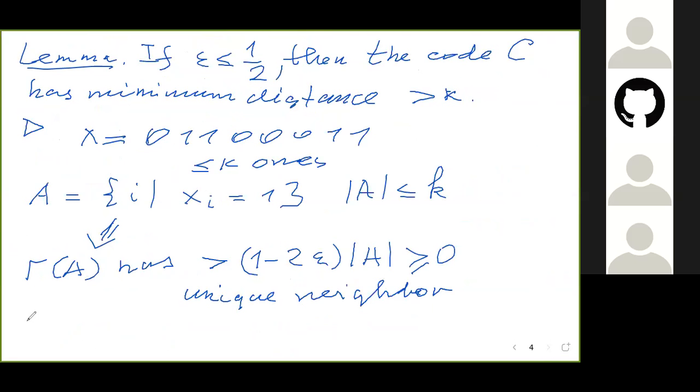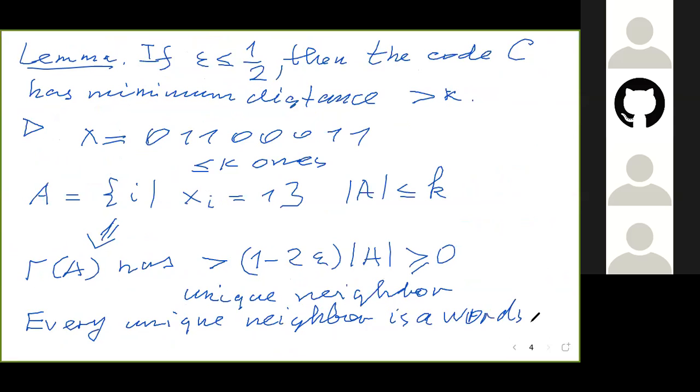And every unique neighbor is a wrong equation. So that contradicts the assumption that x is a code word, because all the code words satisfy all parity checks.